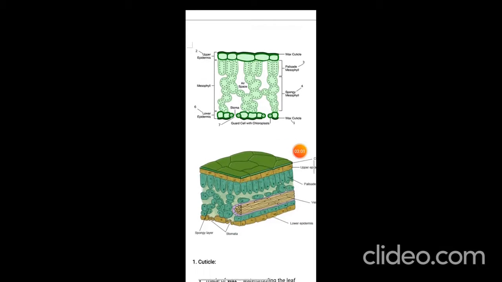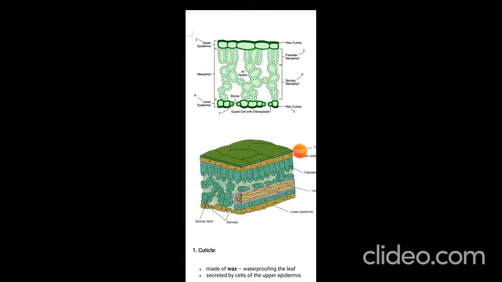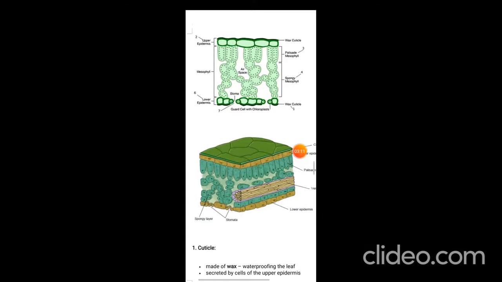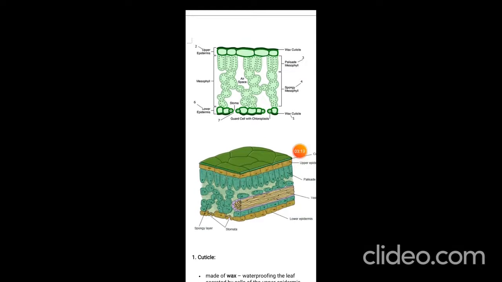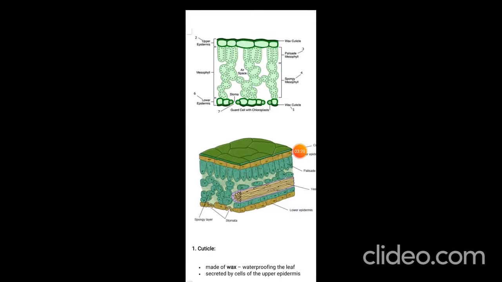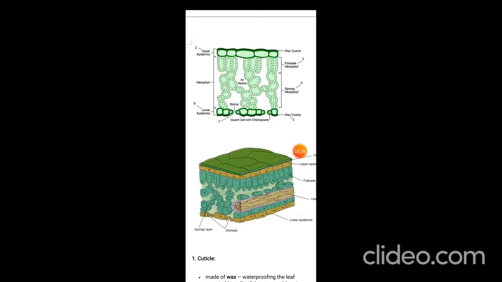Then below that you can see palisade mesophyll. The word palisade means fenced, long fenced, and meso means middle, phyll means leaf. Inside that palisade mesophyll, you can see some dotted structures, which are chloroplasts, filled with chlorophyll.